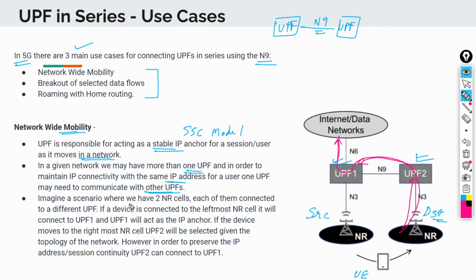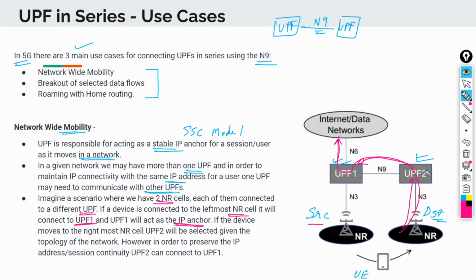Imagine a scenario where we have two NR cells, like we talked about, the source and the destination, and each of them is connected to a different UPF. If a device is connected to the leftmost NR cell, it will connect to UPF1, and UPF1 will act as the IP anchor. If the device moves to the right, to this new destination NR, UPF2 will be selected by the SMF, right?